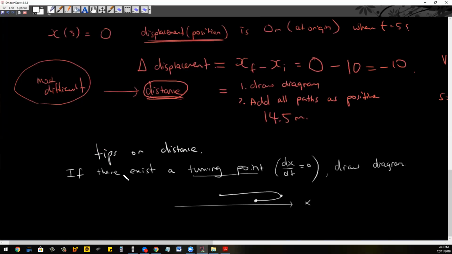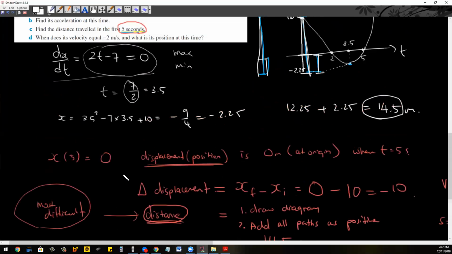Or you can do it like this. This is time here, x here. It starts from here and then goes around here, and then starts from here and then goes like this and then comes back here. See? That's a turning point here. So if there's a turning point within your time interval, so our time interval was 0 to 5 seconds, wasn't it?